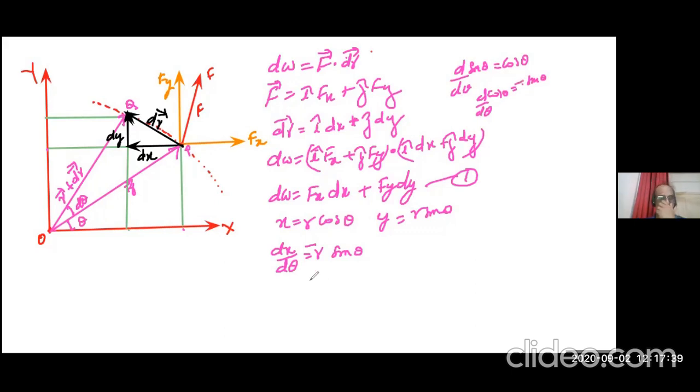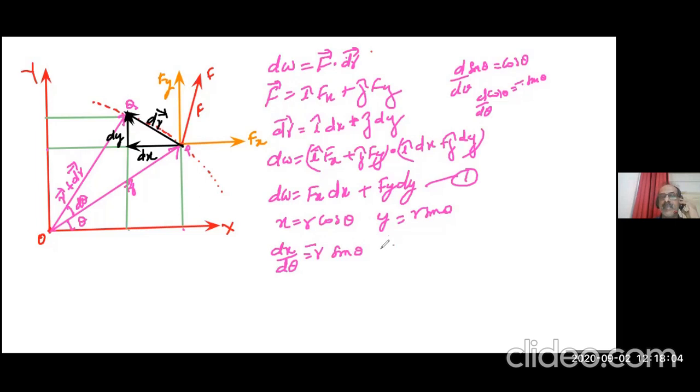That's a formula, okay? So here d by d theta of x is r into d by d theta of cos theta, that becomes minus sin theta. Any doubt? Do you understand this formula? Yes, sir.